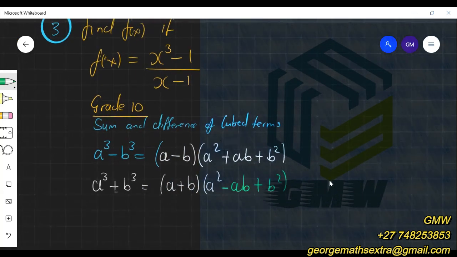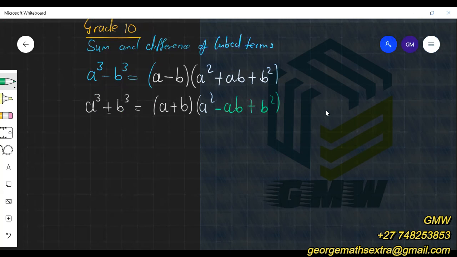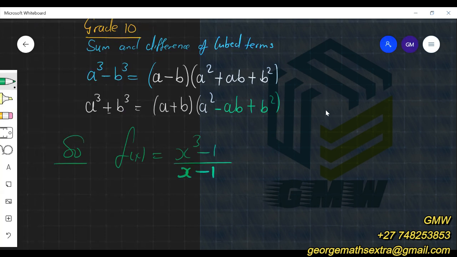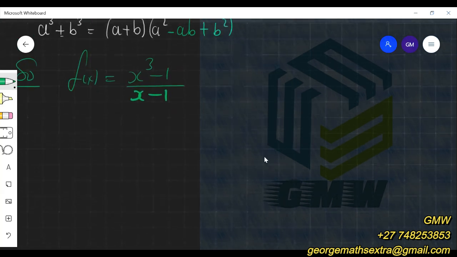Okay. So now, our f of x equals x cubed minus 1 over x minus 1, right? Do you agree that it's the same as saying x cubed minus 1 cubed here?